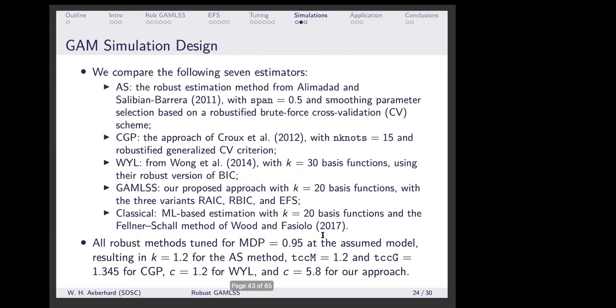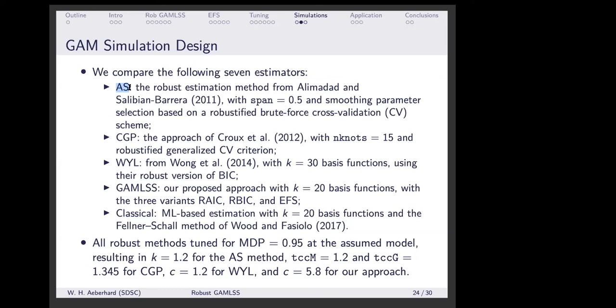I'm going to consider 7 different estimators. It's quite an extensive study we did here. There is the method introduced by Matias Salibian-Barrera and his collaborator, which we'll call AS. It's really a robustification of the backfitting algorithm for GAMs, and it is based on a brute force cross-validation scheme to select the smoothing parameter. It's actually quite slow.